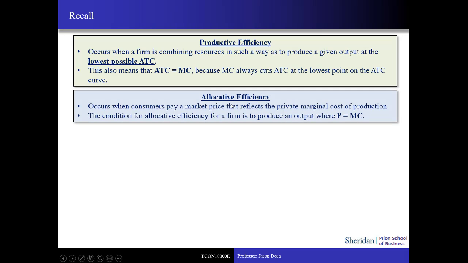Now, allocative efficiency. So in order to have allocative efficiency, at the equilibrium quantity, you need the price equal to marginal cost. But we know we have a downward sloping demand curve. And so as we talked about in the last chapter for a monopoly, the price is not going to equal marginal revenue. And so at the optimum, marginal revenue is not going to equal the price and equal the marginal cost.